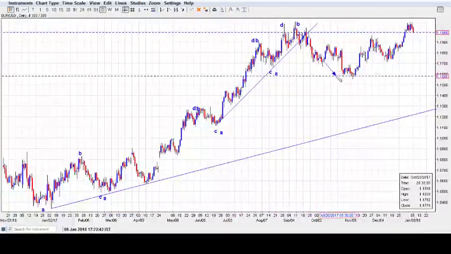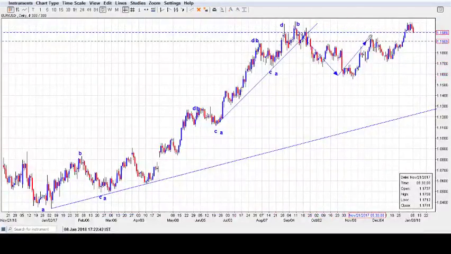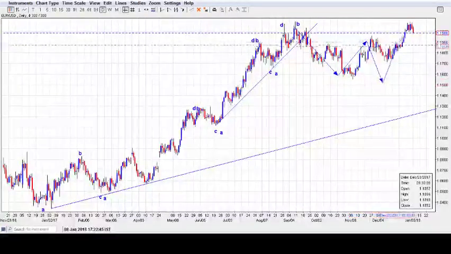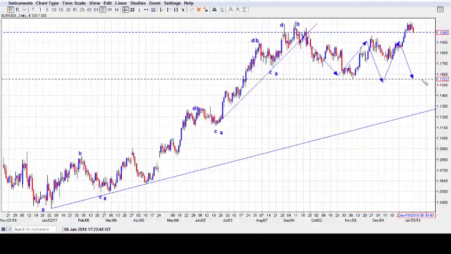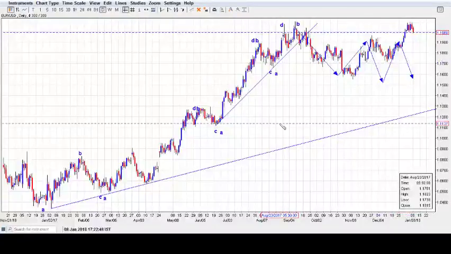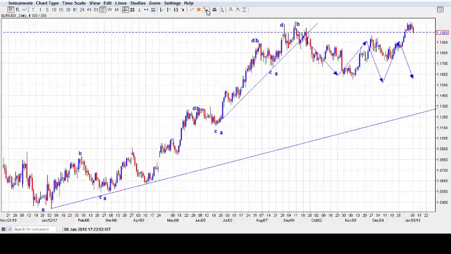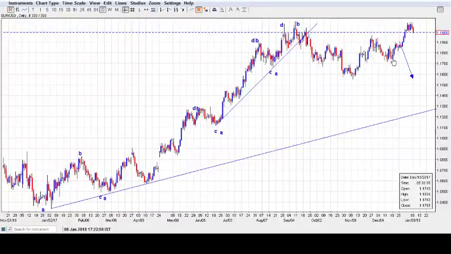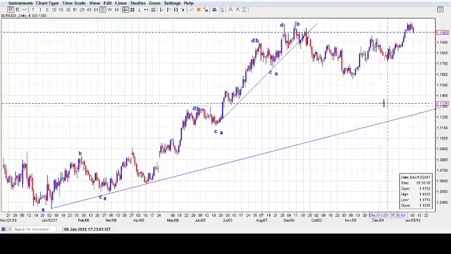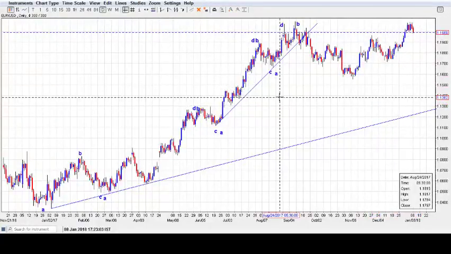One, it might want to drift a bit sideways like that. Well, this market is not sideways. Okay. And after going sideways, it might want to print yet another high.